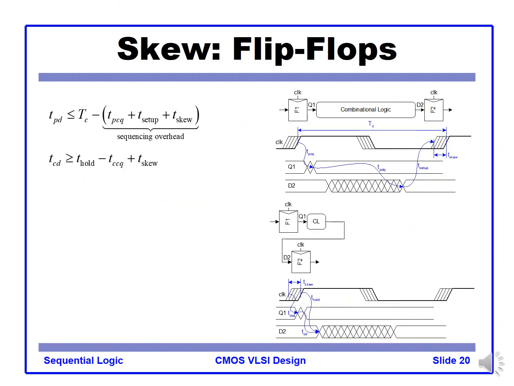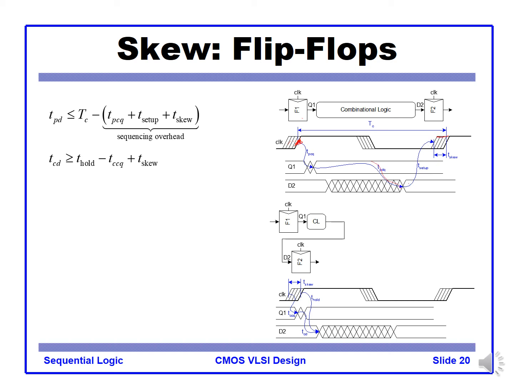Let's take a look in more detail. In a flip-flop system, we have a clock here. Clock has a variation like this. Let's say data is launched on the F1 flip-flop on the clock rising edge and passes through clock-to-Q delay, propagation delay and setup.